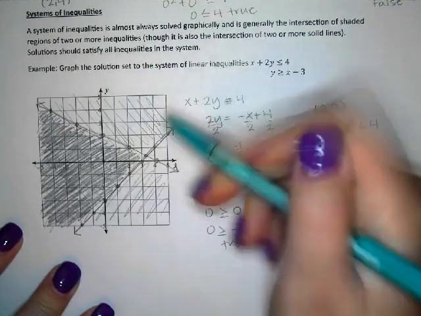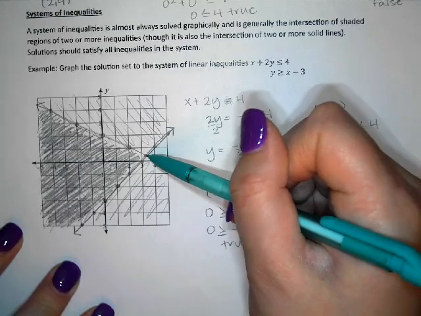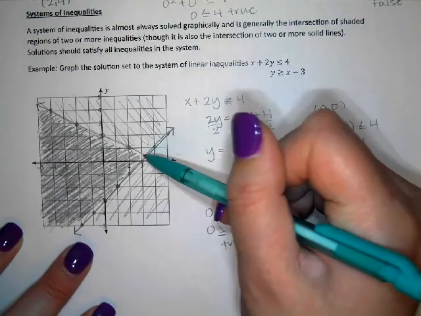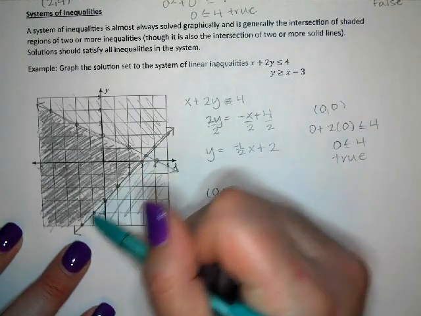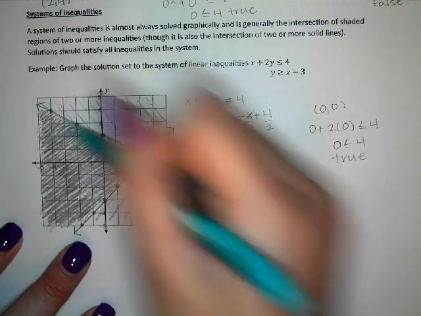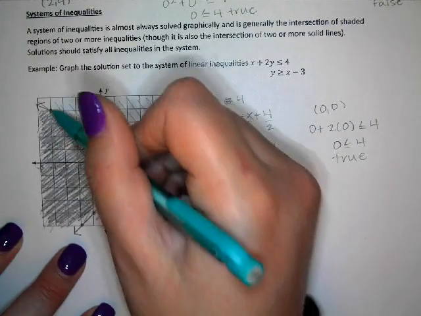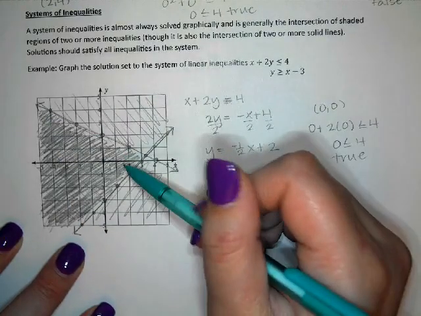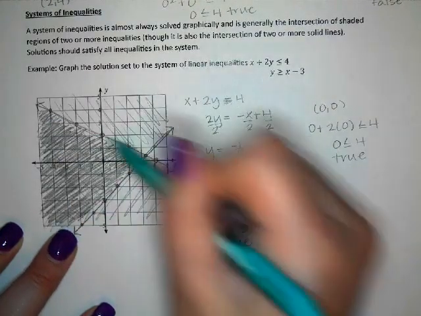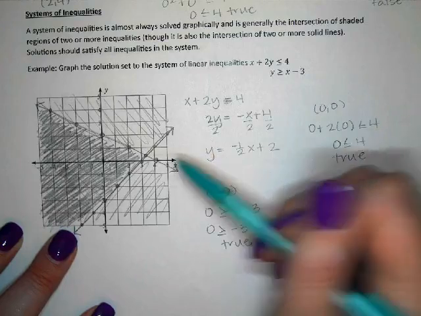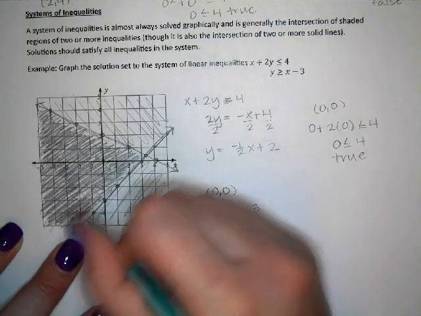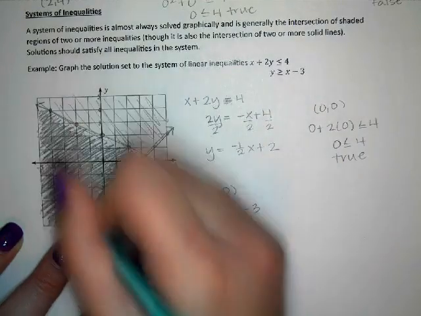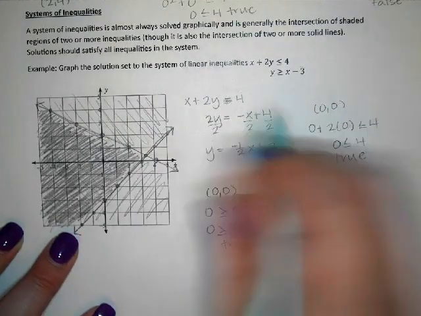That double shaded region, and then any points that are on this solid line, because our double shaded region has boundaries of solid lines, those solid lines are part of that double shaded region. And so anything on these solid lines, where these solid lines cross, all of this is part of your solution.